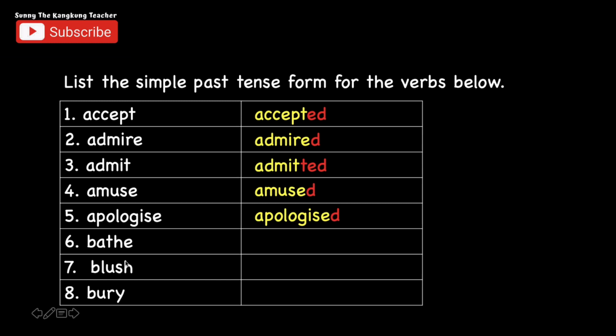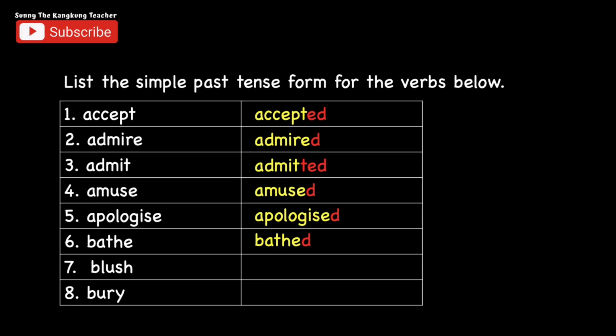Similar to number 6, bathe. It ends with E. Again, rule number 1. So we just add D, becomes bathed. As for number 7, blush. Look at the last letter, it's H. Can we apply rule number 1?